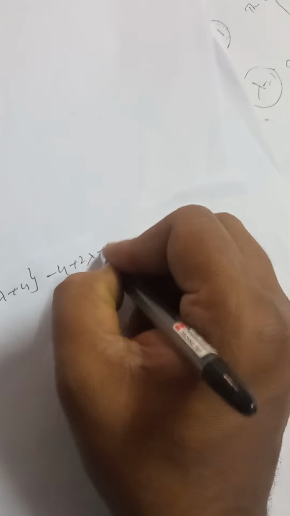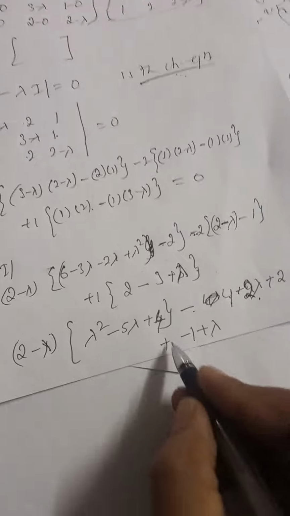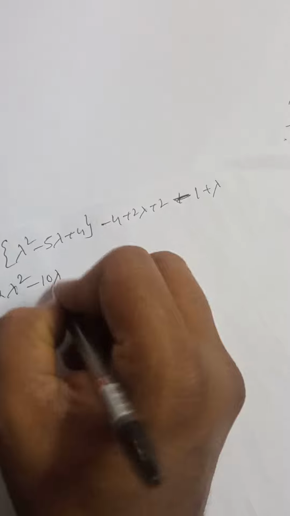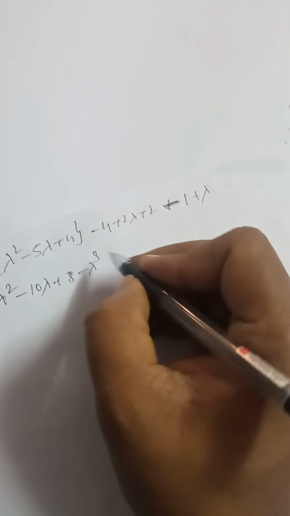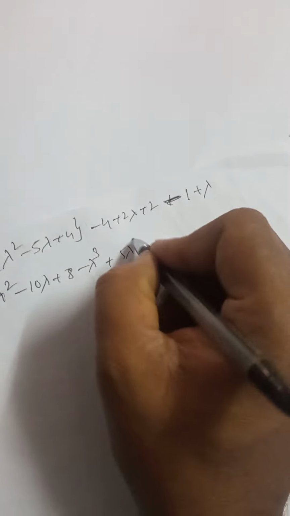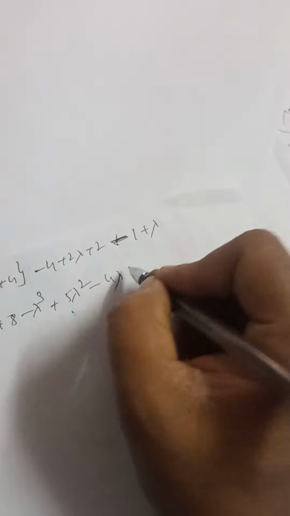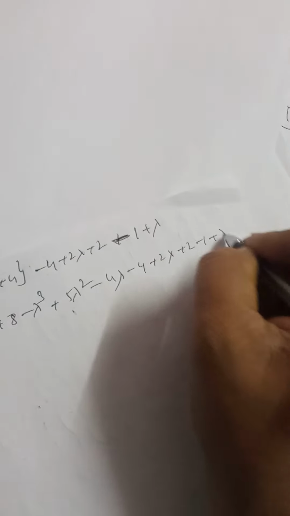Next plus, minus 1 plus lambda. Again simplified: 2 lambda square minus 10 lambda plus 8, minus lambda cube plus 5 lambda square minus 4 lambda, here minus 4 plus 2 lambda plus 2, minus 1 plus lambda.